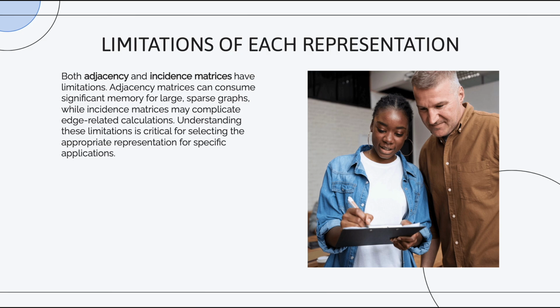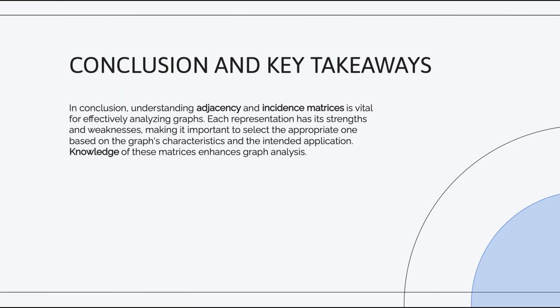Limitations of the representations: both adjacency matrix and incidence matrix have their own limitations. Adjacency matrices can consume significant memory for large sparse graphs, while incidence matrices may complicate edge-related calculations. Understanding these limitations is critical for selecting the appropriate representation for specific applications.